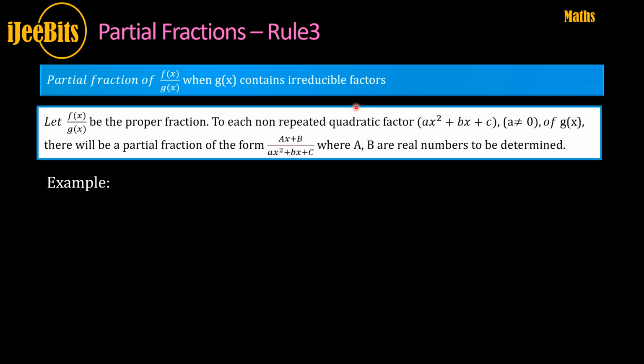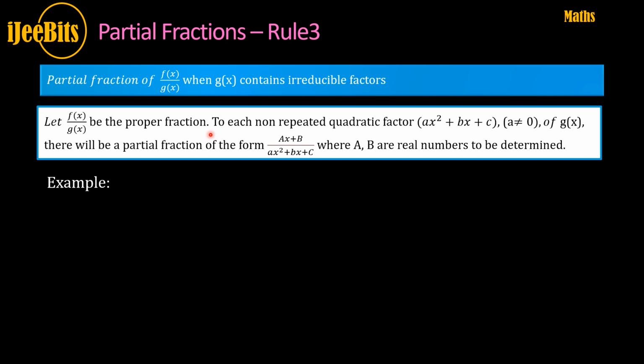In that case, how are you going to solve this problem? Rule number 3 is going to help you identify this scenario and give you a hint to resolve a given fraction into partial fractions. Let f of x by g of x be the proper fraction.